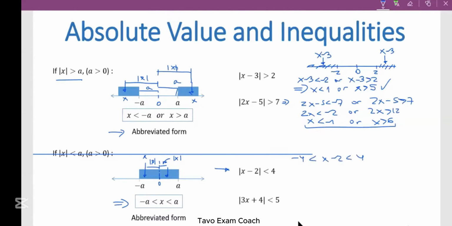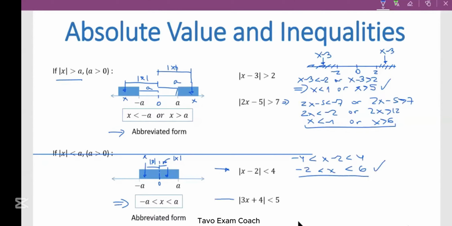If we add 2 on all sides of these inequalities, then you get x greater than minus 2 and less than 4 plus 2, 6. So that would be the range for x.